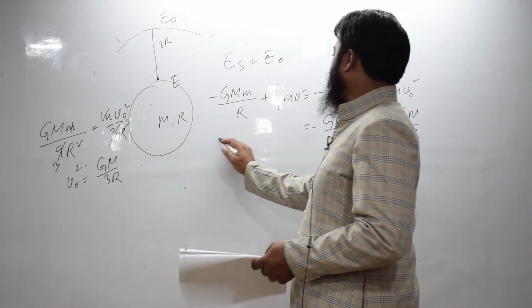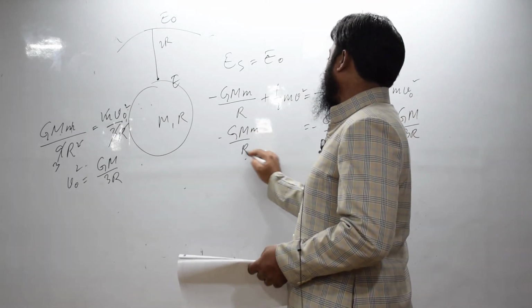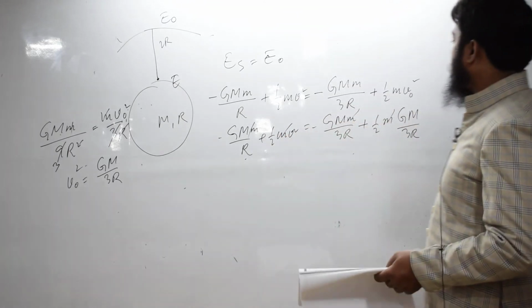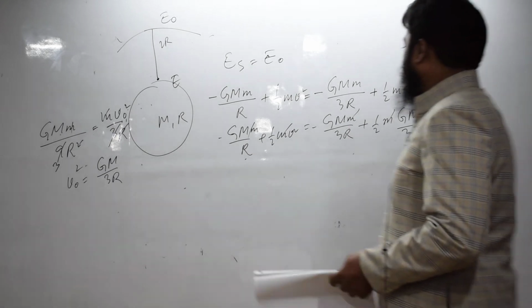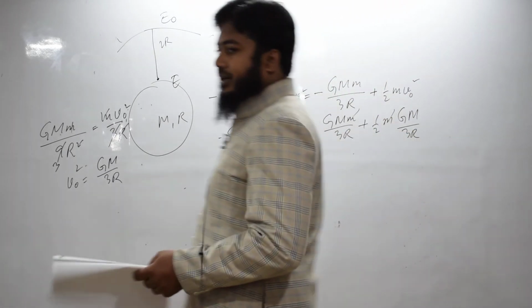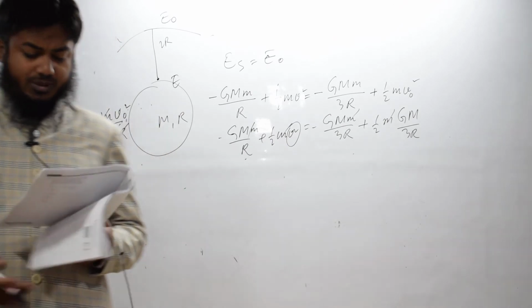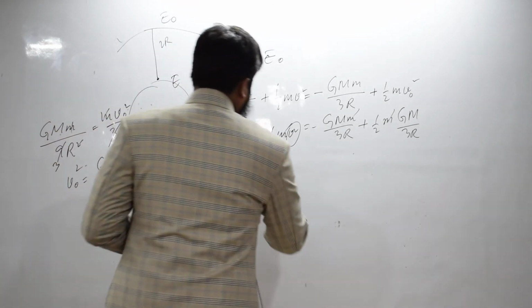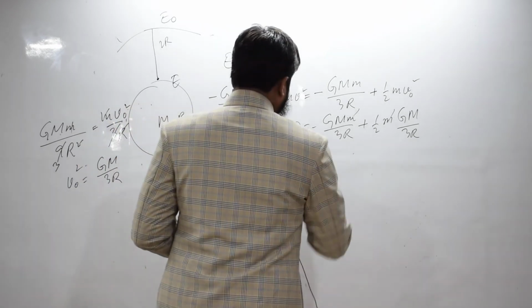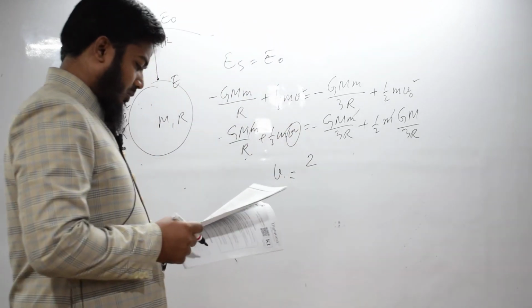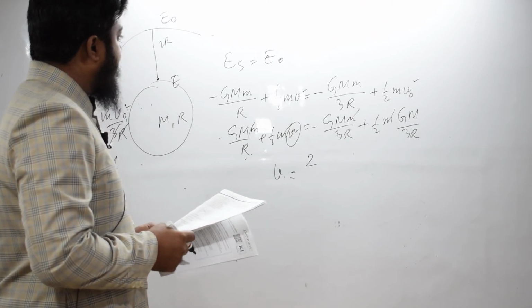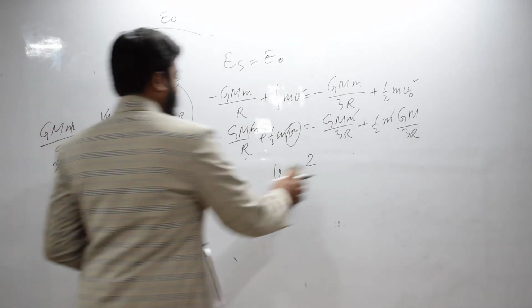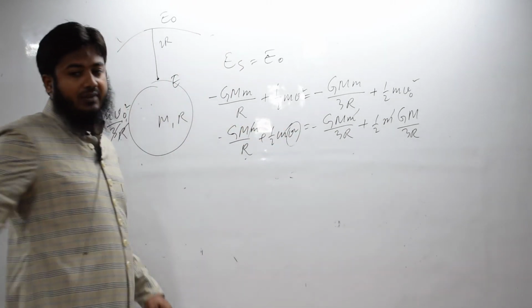Now, you can see minus G capital M small m upon R plus half m v square, m gets cancelled out everywhere, and from here you can calculate v square in terms of G, M and R. So, from calculation, this is just a part of calculation, this thing comes out to be 2, in fact they are asking energy, not speed. Energy. So, you have to calculate this whole thing, half m v square.